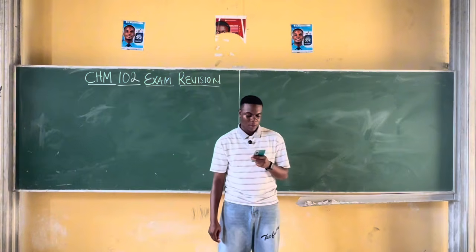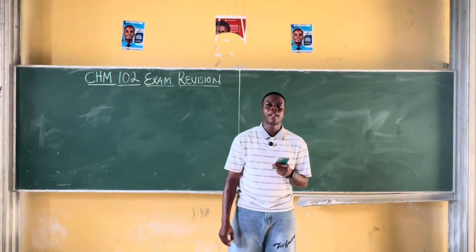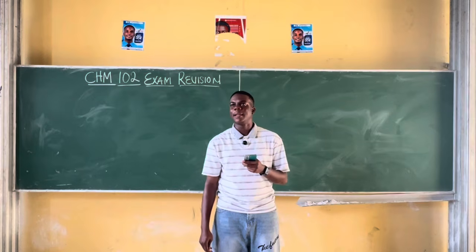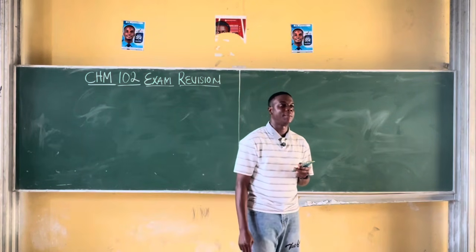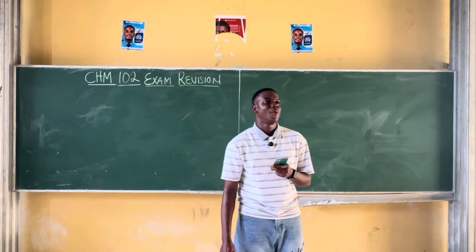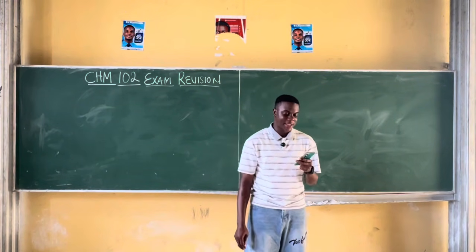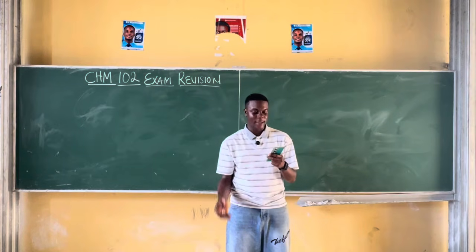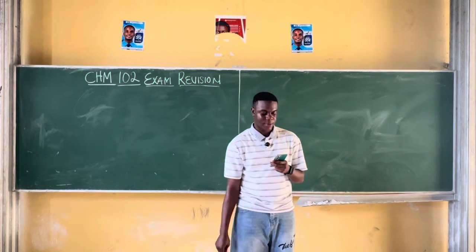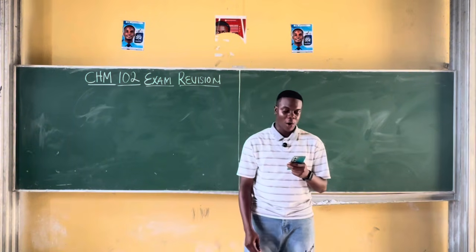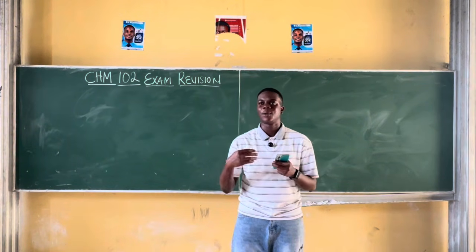Question number 1AII says, functional groups determine dash. What does a functional group determine? One option says physical state only, another says chemical properties of a compound, another says color of a compound, and the other says melting point only.